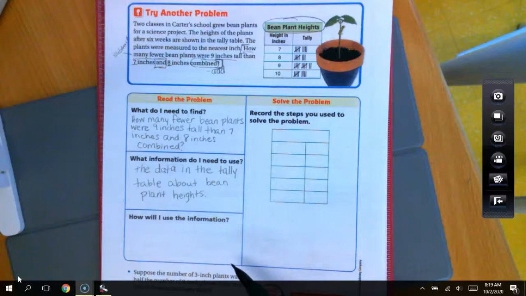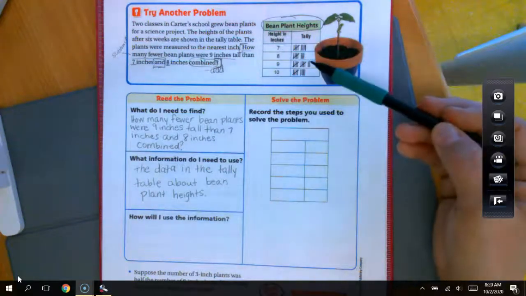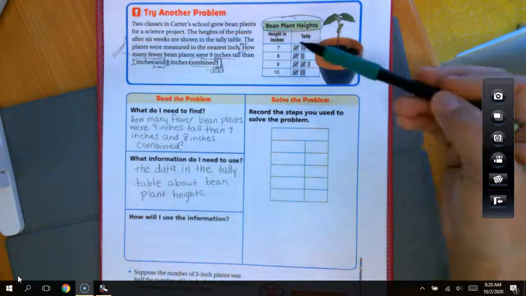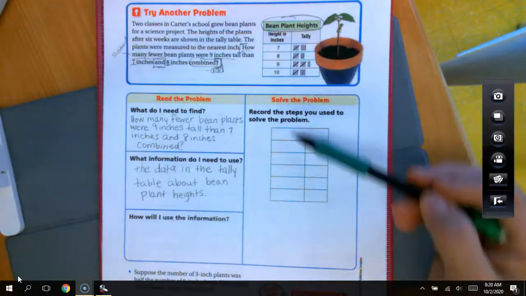Okay, so now let's go down to the bottom. How will I use the information? Well, I'm going to have to count these tally marks. And for me, it's easier to break these tally marks down and make it eventually into a frequency table.